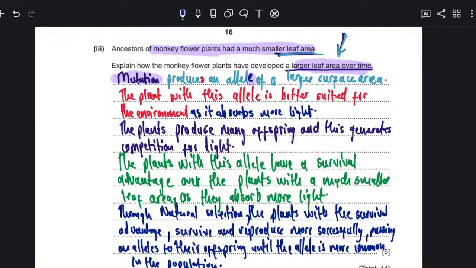Now, natural selection says that those that have survival advantages will survive and reproduce better. So that's what happens. They survive and reproduce better, over many generations, until the allele becomes more common in the population, and that is why you now have the monkey flower plants having a large surface area.